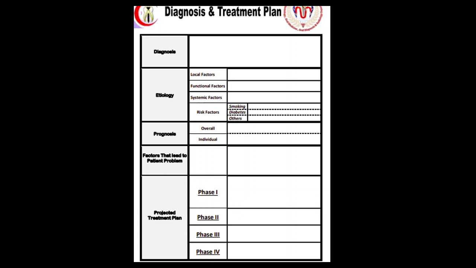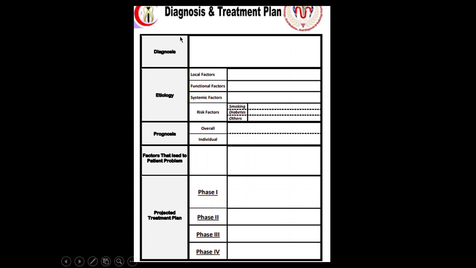So we will write here at the end of this rectangle the disease, if it is gingivitis or if it is periodontitis. If we have gingivitis or periodontitis, and the affection is less than 30%, it is localized.